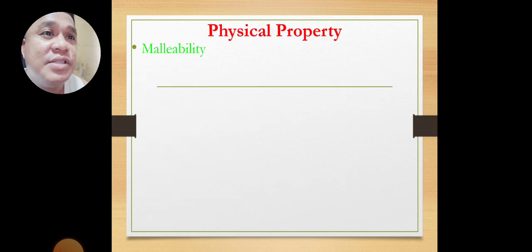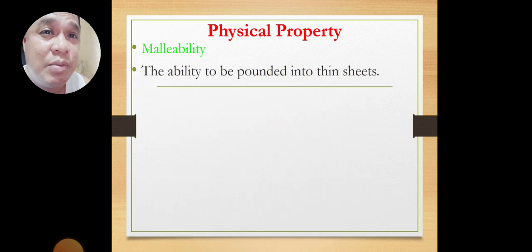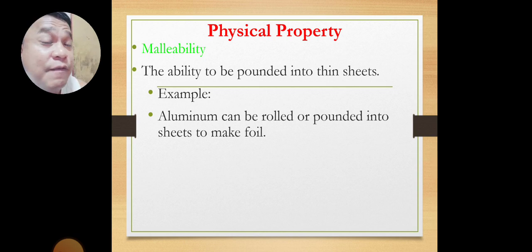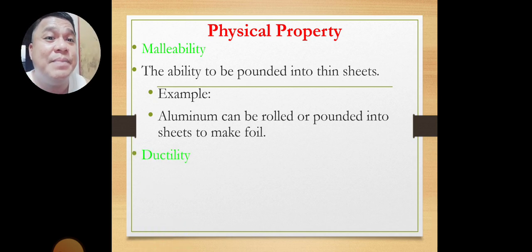Well, let's continue with the physical properties. Malleability is also a physical property, the ability to be pounded into thin sheets. For example, aluminum can be rolled or pounded into sheets to make foil. That's the property of malleability, a change in its physical appearance.